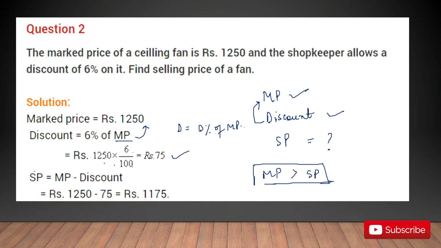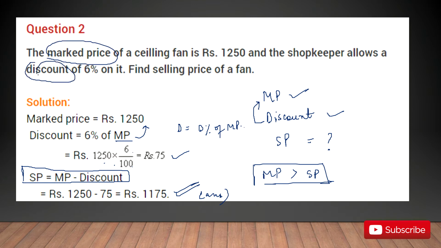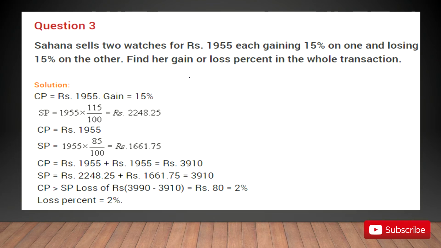So to calculate the selling price, I will apply the formula marked price subtracted with discount. So I get the answer as 1175. So in this question, we are given the marked price and the discount percentage, and we need to calculate the selling price. Alright, let us move to the next one.